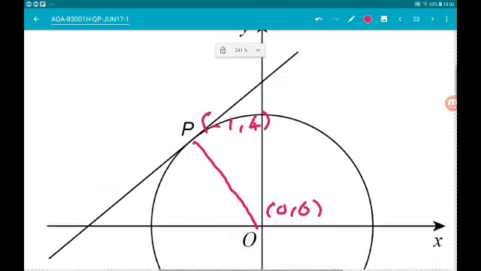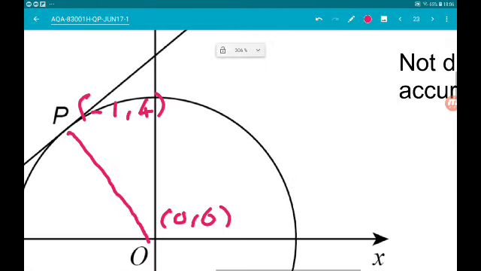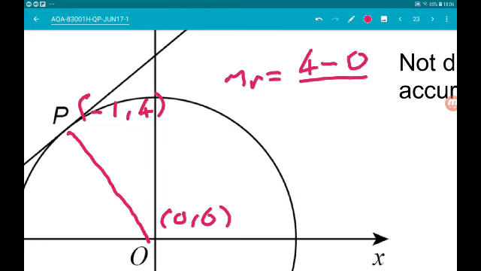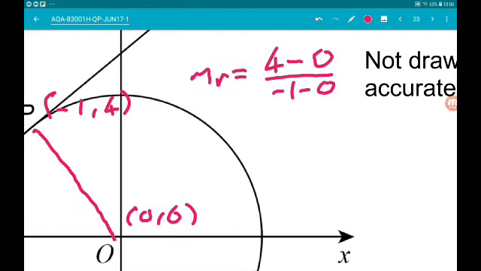So the gradient of the radius, now remember gradient is difference in y over difference in x. So let's do 4 minus 0 over -1 minus 0. Now that is going to give us 4 over -1, which is -4.